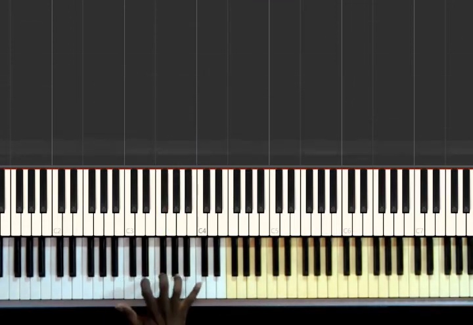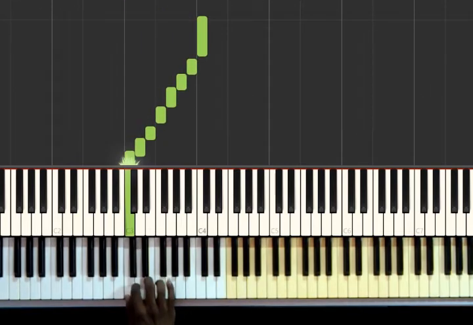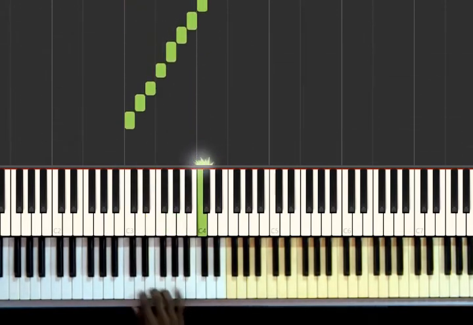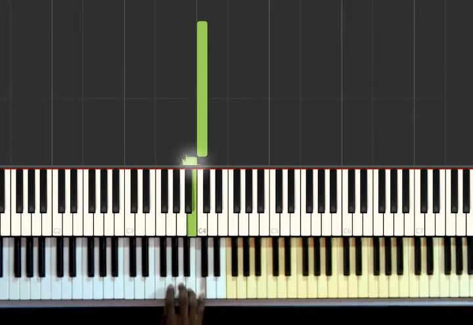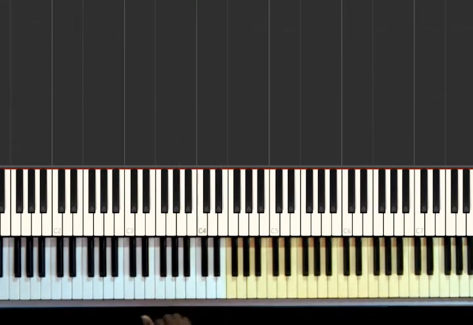So how do we play them with our fingers? So the thumb is 1, the index is 2, the middle finger is 3, the ring finger is 4, the little finger is 5.